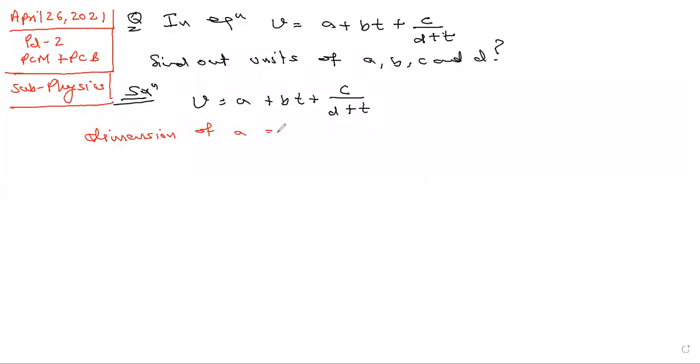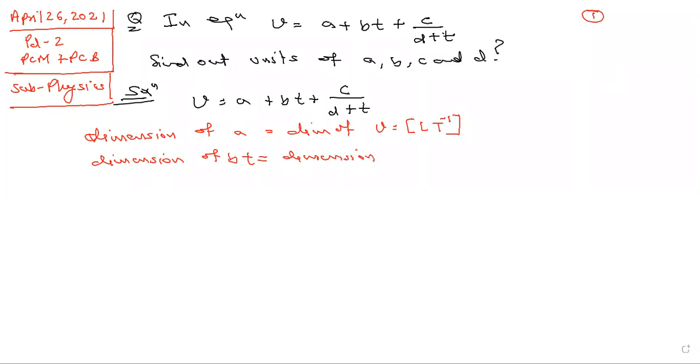Dimension of A will be equal to dimension of B. This is LT minus 1. Dimension of BT must be equal to dimension of V. This is LT minus 1.